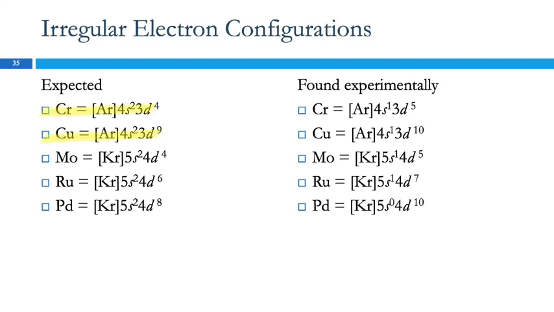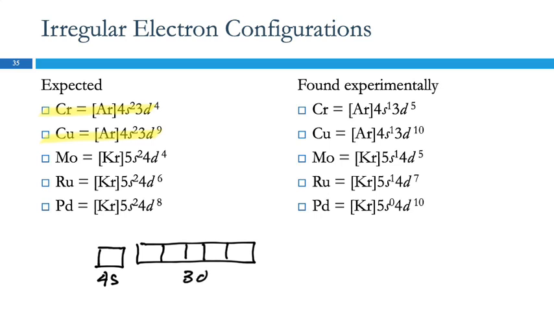So let's draw out the last part there. So this is 4s, and then we've got 3d. So for chromium, it's got 6 electrons there after argon, and so we would expect it to go 1, 2, 3, 4, 5, 6.